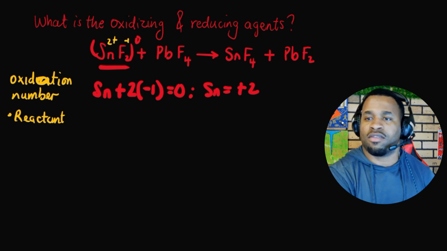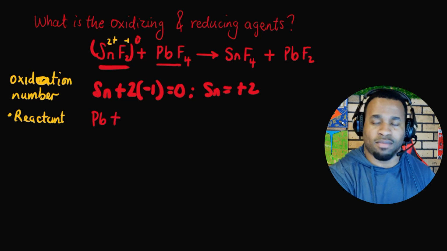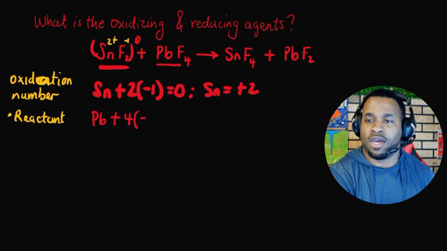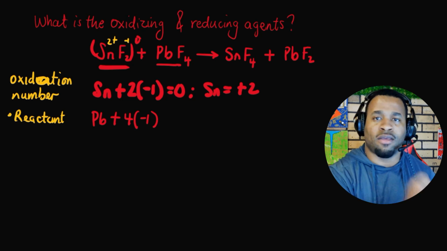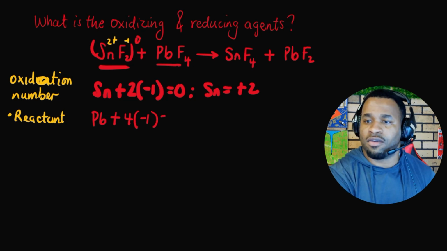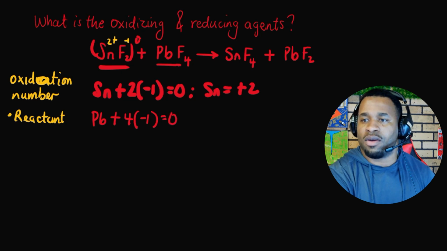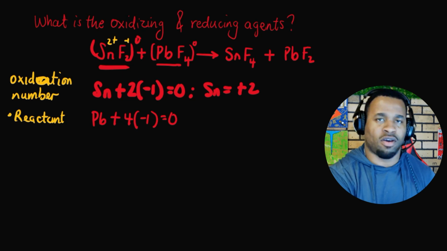Now the next part is looking at our lead fluoride. For lead we have just 1 atom, but we are adding 4 fluoride atoms. Because fluoride is the most electronegative element in that compound, its charge is -1, and the sum of all the charges must equal 0 because the compound is neutral.